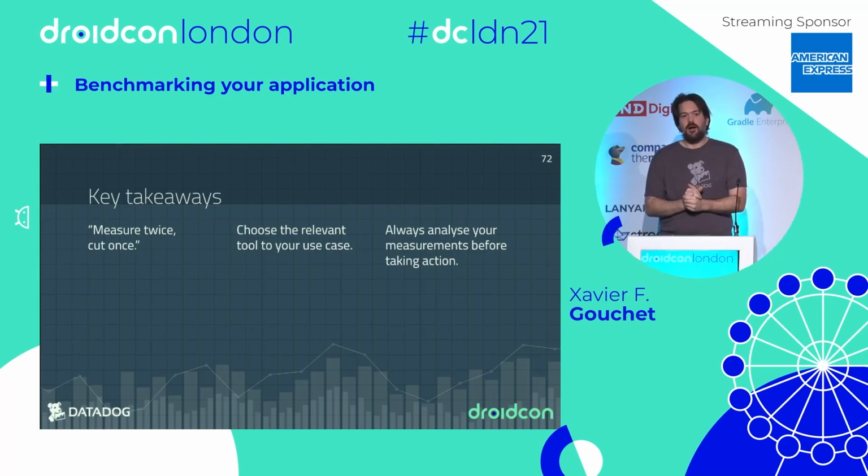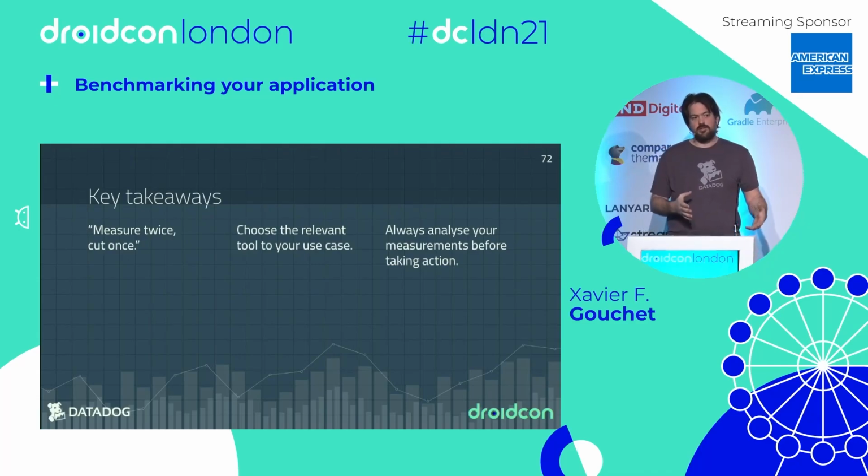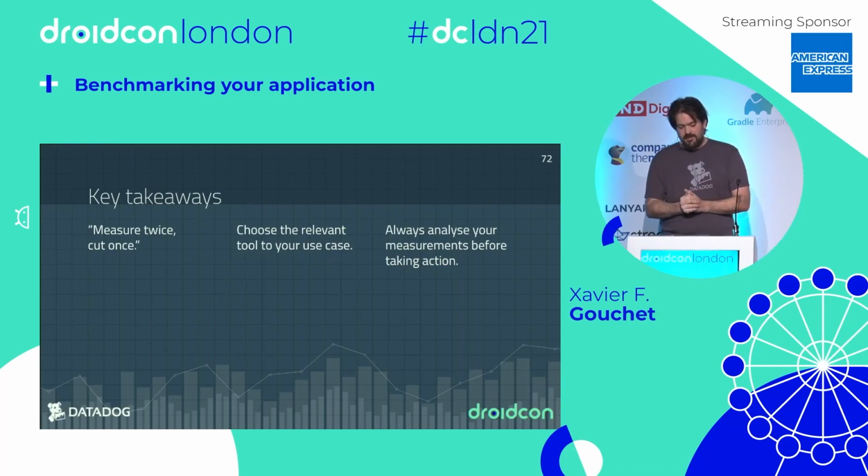And this is the same thing here. Like I said, when you want to make some performance improvement in your application, you first need to know where to cut, where to look. Here, I showed you a bunch of tools that you can use, either while you're working in the CI, or on your users' devices. You need to find which tool is most relevant to your use case and to know what you need to improve.